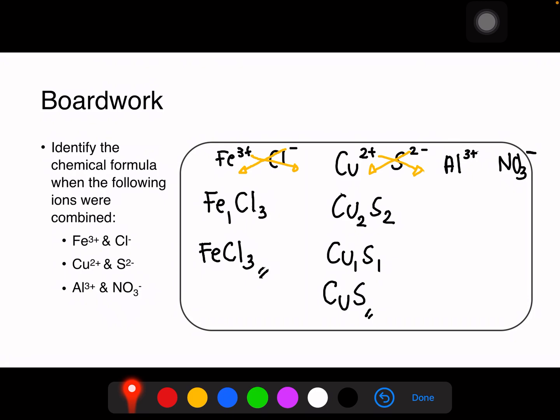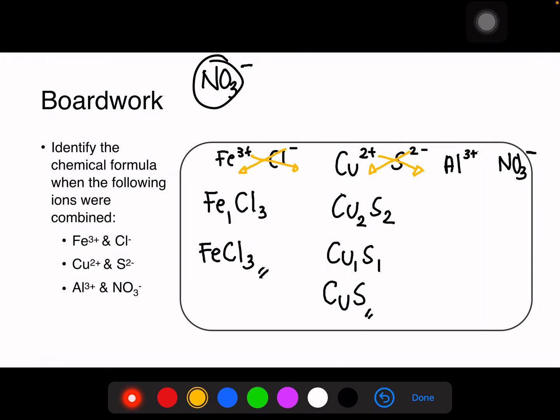Meaning, if you have this NO3 minus, it means the charge of -1 was carried not only by oxygen but also by the nitrogen. So it was carried by this whole set of atoms.